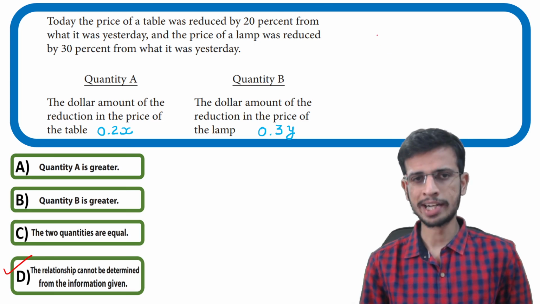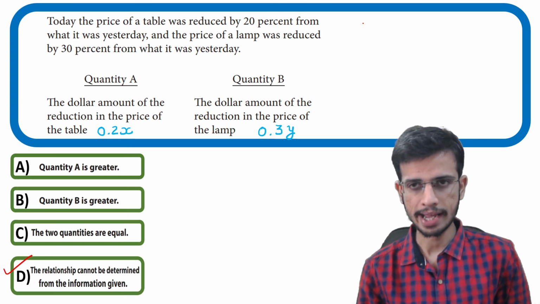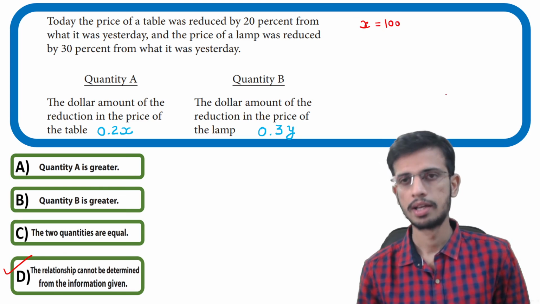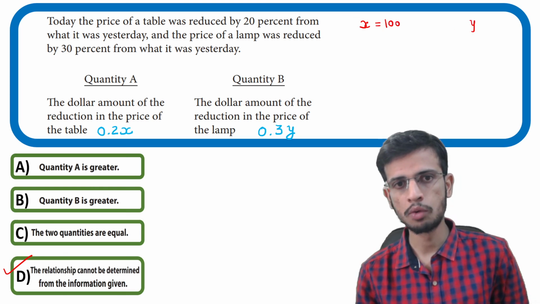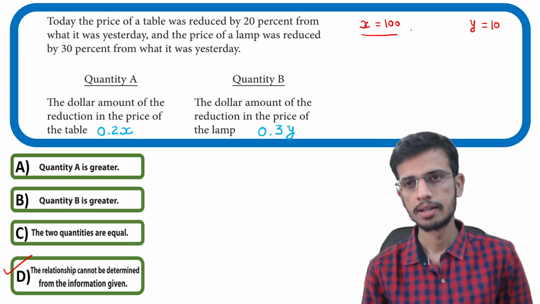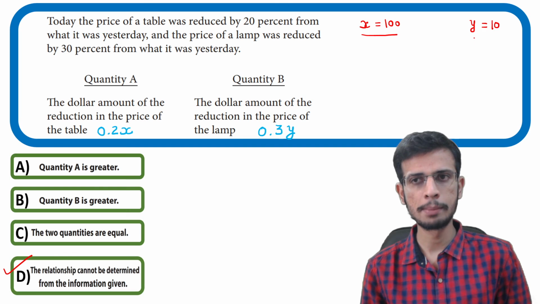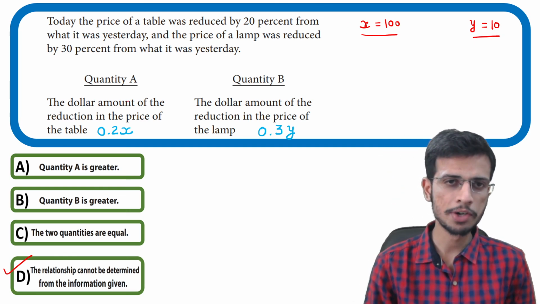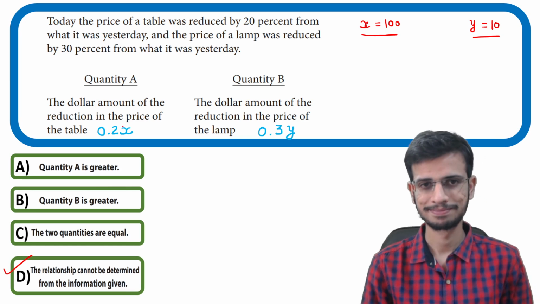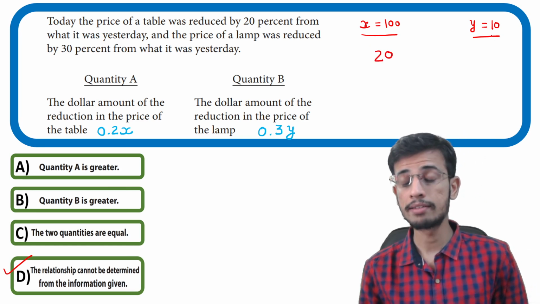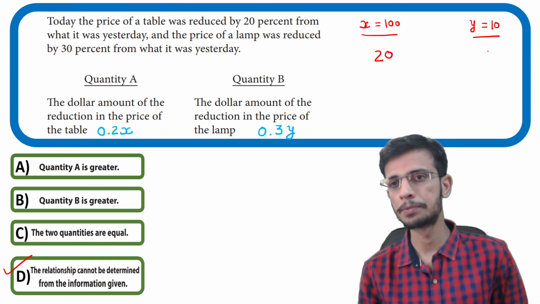So let me give you an idea. If you put X equal to 100, that is yesterday's price of the table, and Y equal to 10, that is yesterday's price of the lamp, quantity A will become 20 and quantity B will become 3.